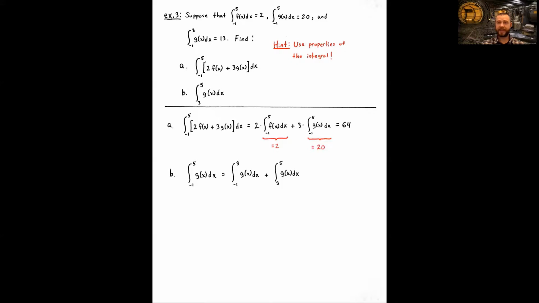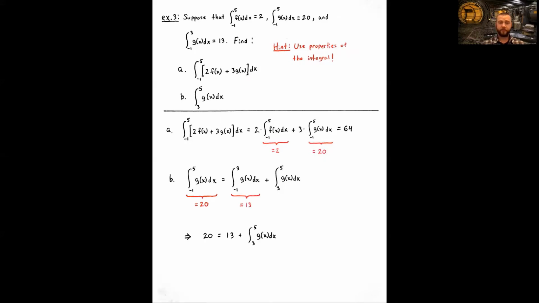Now, this gives us a way to relate our given information. We're given the integral on the left from -1 to 5, that integral of g of x equals 20, from what we're told. And then the first integral on the right side, g of x from -1 to 3, we're told equals 13. Now, we don't have to do any calculations other than basic subtraction here. Again, we don't have any shortcuts yet for evaluating integrals, but we do have some properties of integrals.